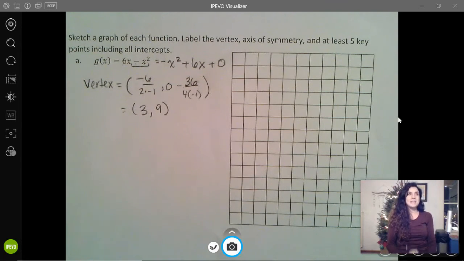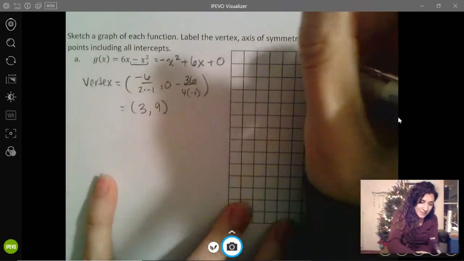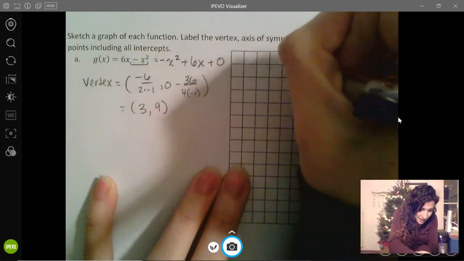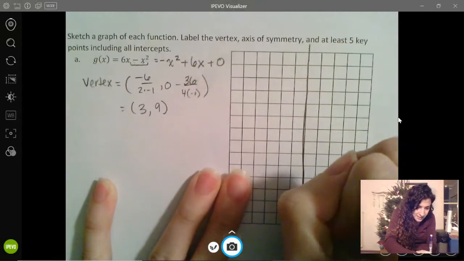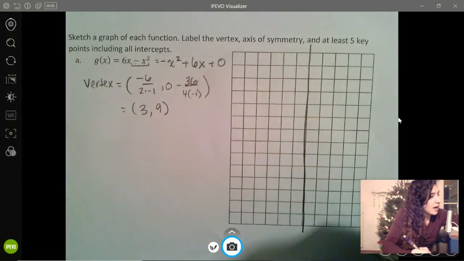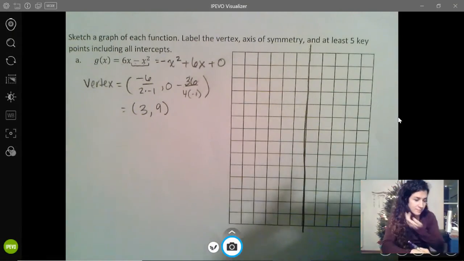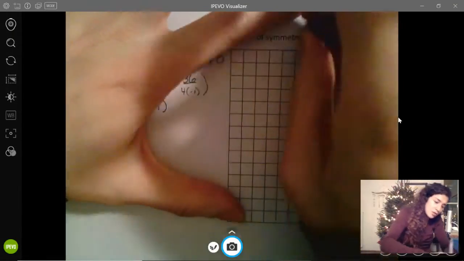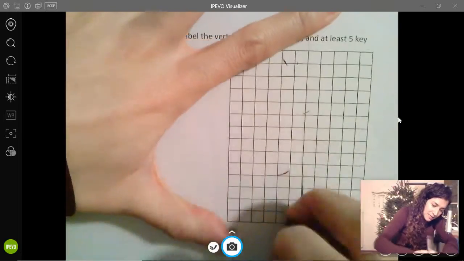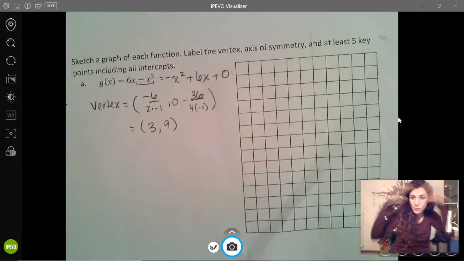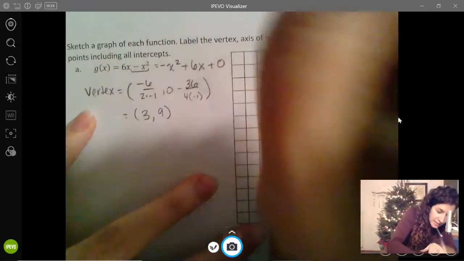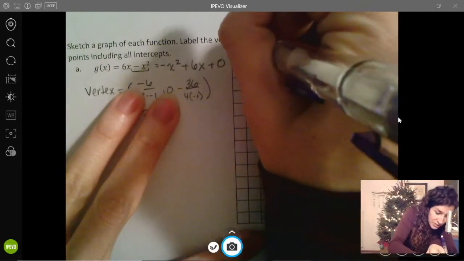So that's our vertex. Let's graph it. I've got my y-axis here. I'm going to scooch my y-axis over because my vertex is at +3, so I want to allow room for that quadratic to do its thing.